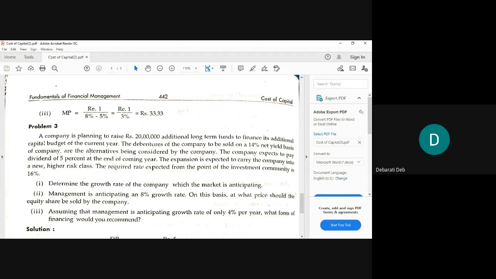Thus, it will be equals to 1 by 0.03. That is equals to rupees 33.33. Now, new MP is 33.33.